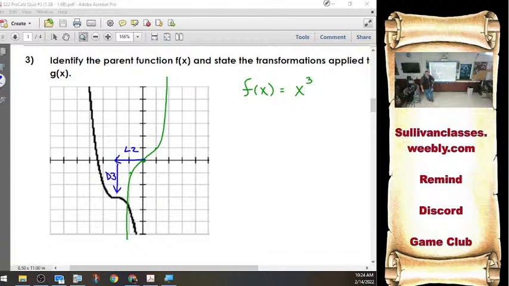I'm not just going to say left 2 and down 3 because that's childish. We're going to use our big kid words. We say it's a horizontal translation, left 2 units, and it's a vertical translation, down 3 units. What else?